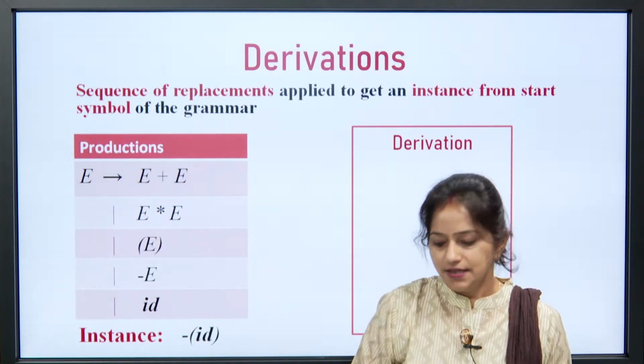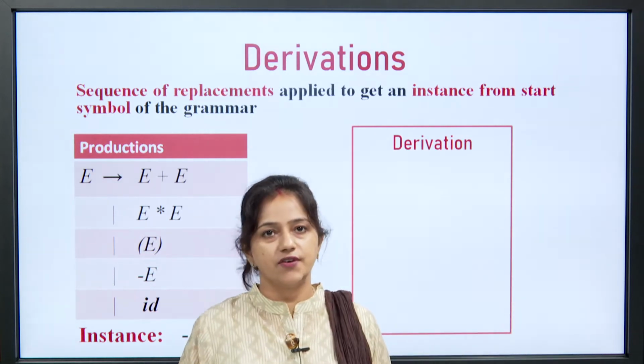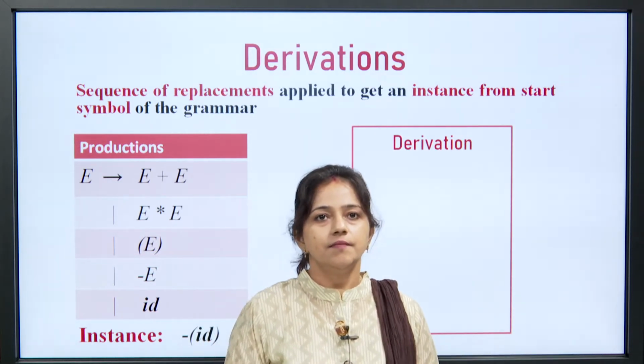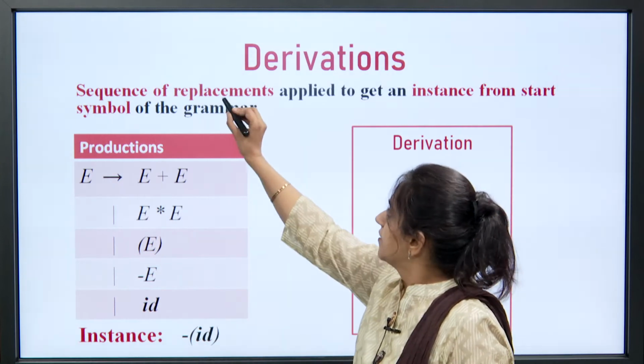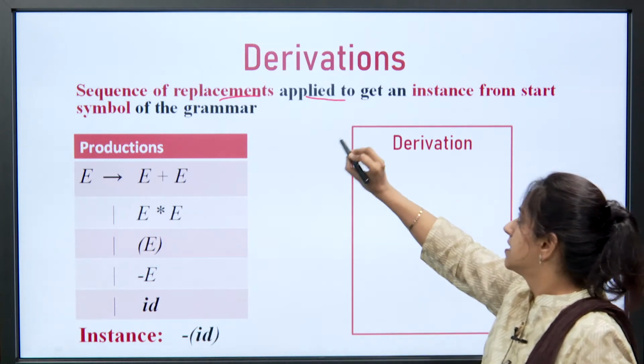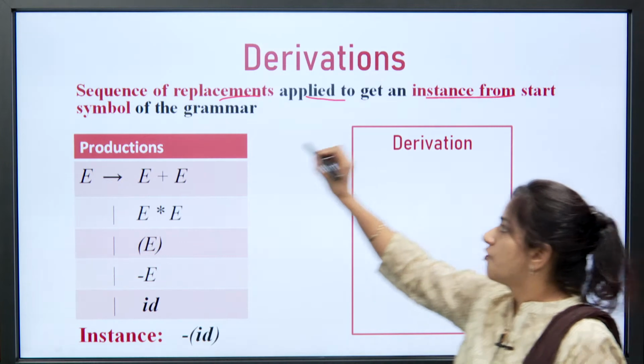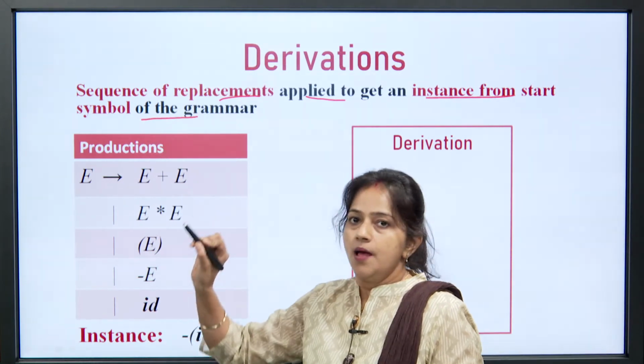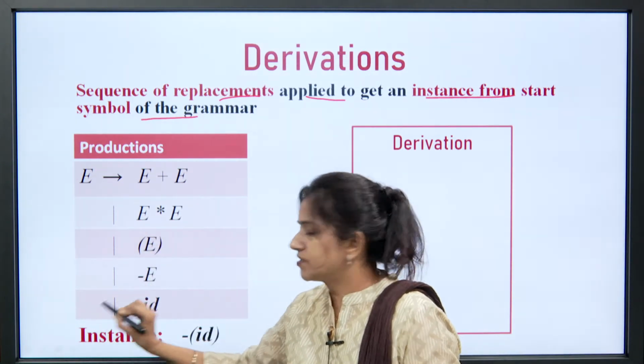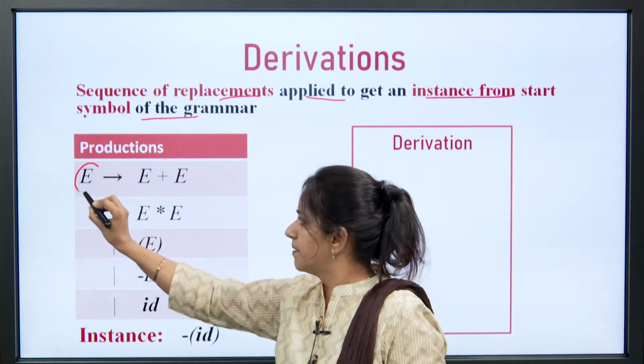Now, we will discuss the next topic, that is derivation. What is derivation? Derivation means a sequence of replacements applied to get an instance from the start symbol of the grammar.